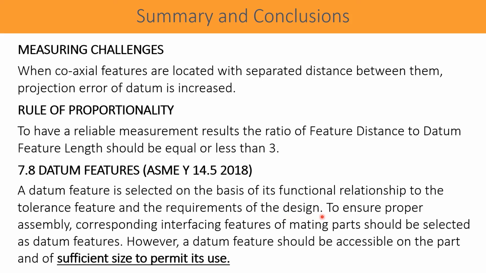To ensure proper assembly, corresponding interfacing features of mating parts should be selected as datum features. However, a datum feature should be accessible on the part and of sufficient size to permit its use.